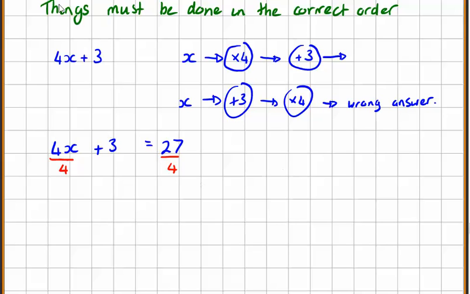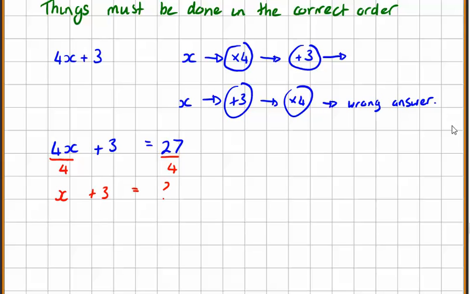What would you end up with? You might say, well, that's x plus 3 equals, I don't know, deal with fractions, can't we? But it doesn't work. Do you know why it doesn't work?